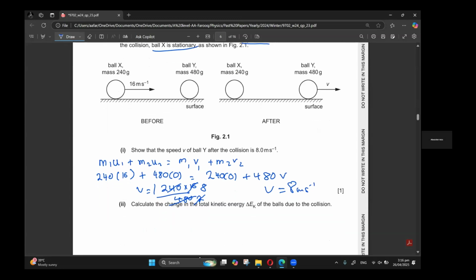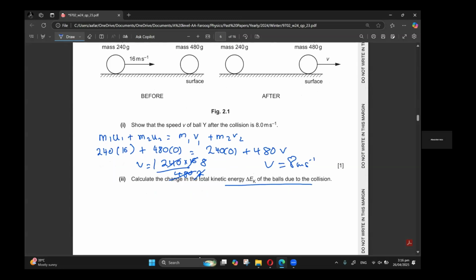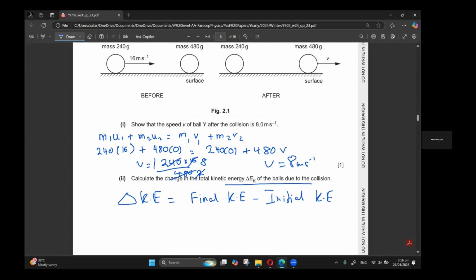Calculate the total kinetic energy change of the balls due to the collision. For any change, whether it's kinetic energy or gravitational potential energy, it is final minus initial. We're talking about change, so it's final minus initial always.